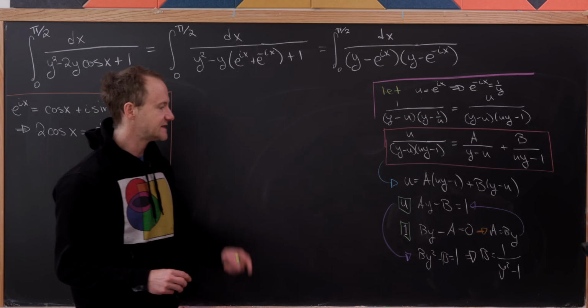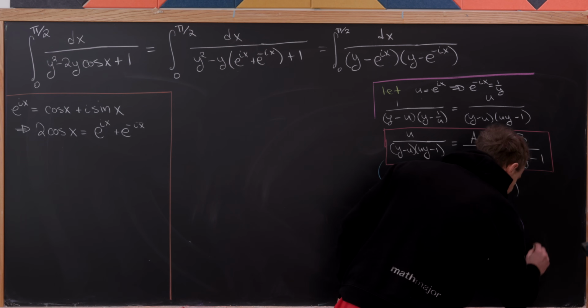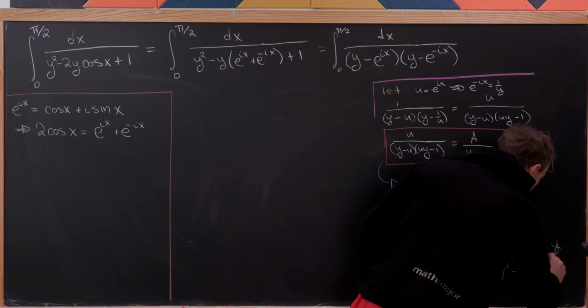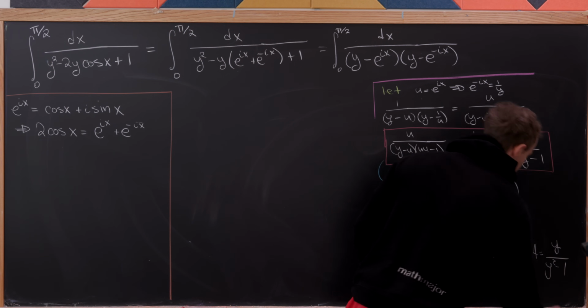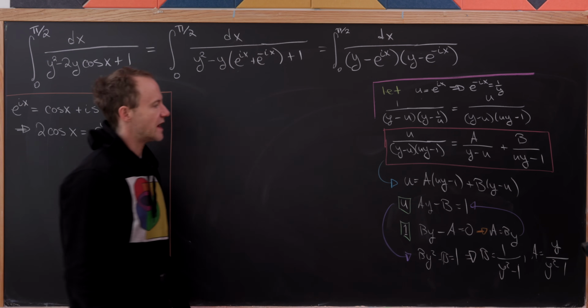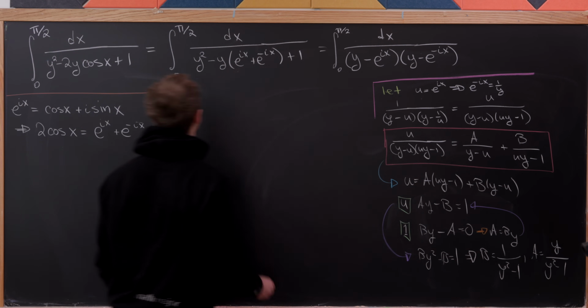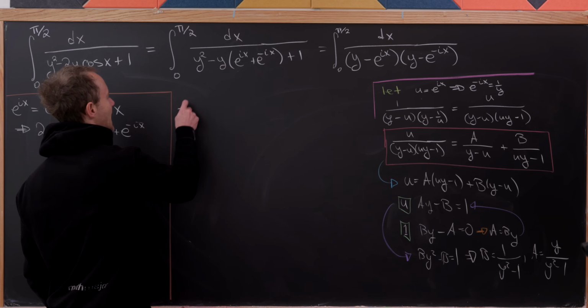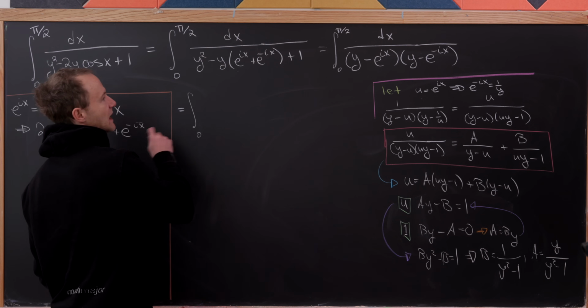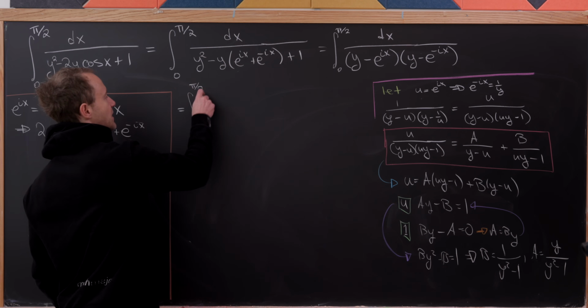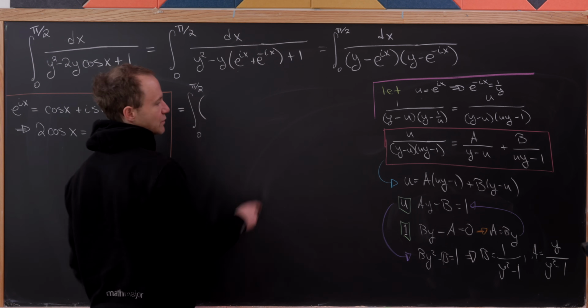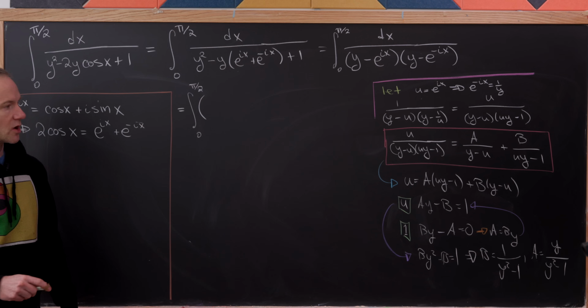But then a is equal to b times y, so that tells us that a is equal to y over y squared minus 1. Okay, but now we can put that right up here and then push it back into our integral. So now we'll have the integral from 0 to pi over 2 of a over y minus e to the ix.